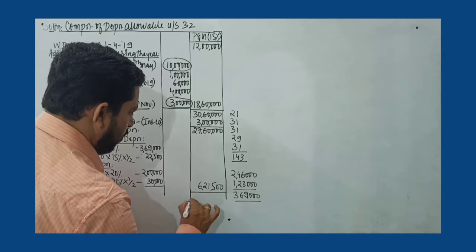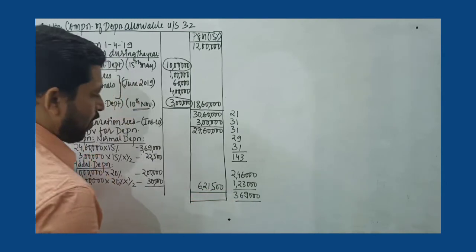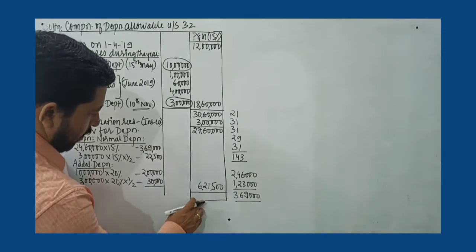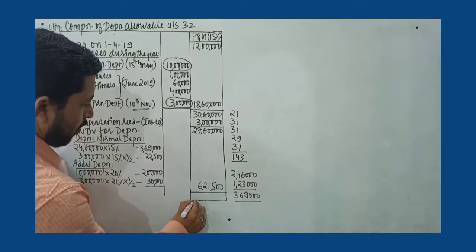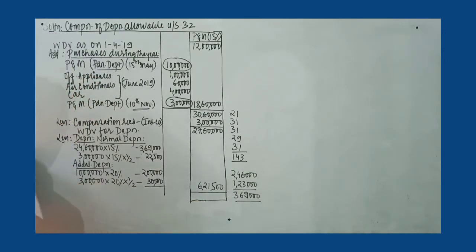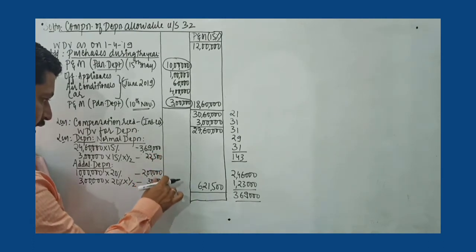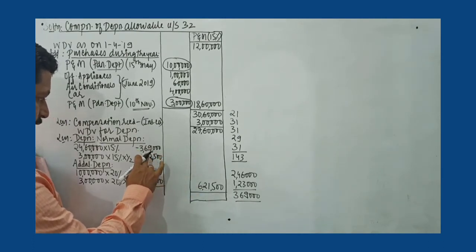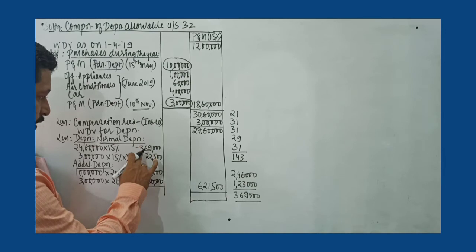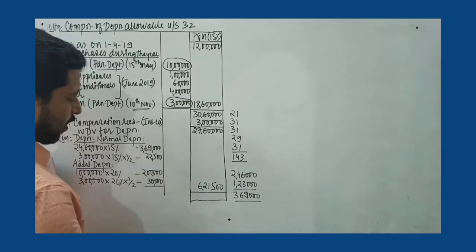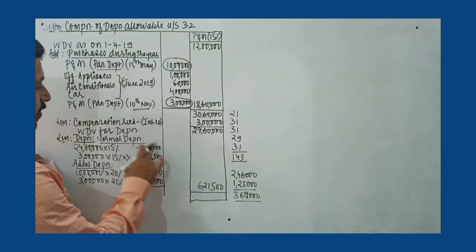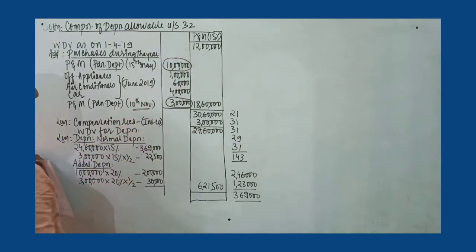That would be the depreciation on this block of plant and machinery. So 6,21,500 is the depreciation for this particular block, plant and machinery.